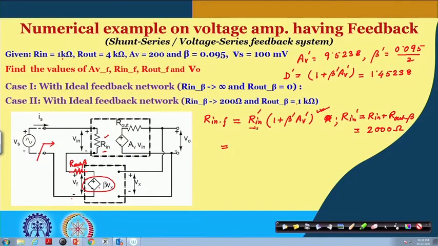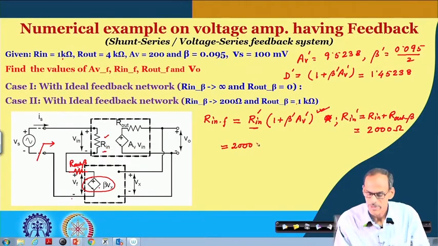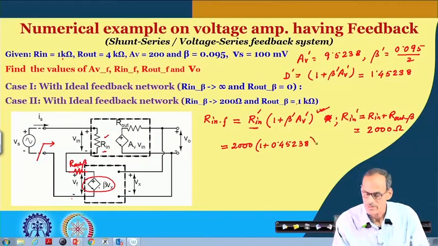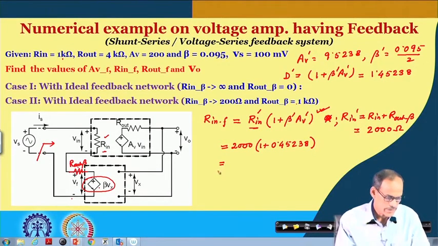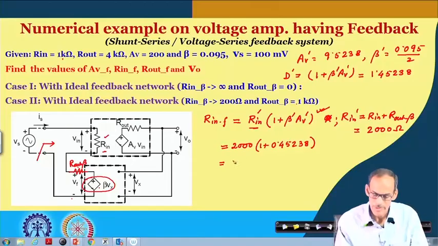So, the input resistance will be 2000 multiplied by 1 plus beta dash A V dash, which is 1.45238, and that gives us a value of around 2.904, or about 2.9 kilo ohm.